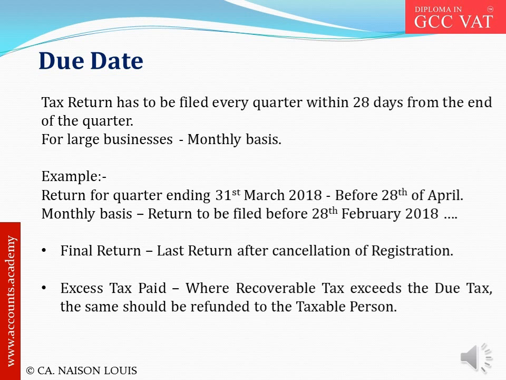Example, return for quarter ending 31st March 2018 can be filed before 28 April. And if it is a large business who has to file monthly return, the return to be filed before 28 February 2018 for January month.